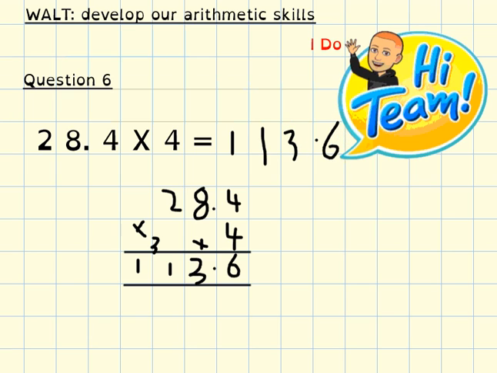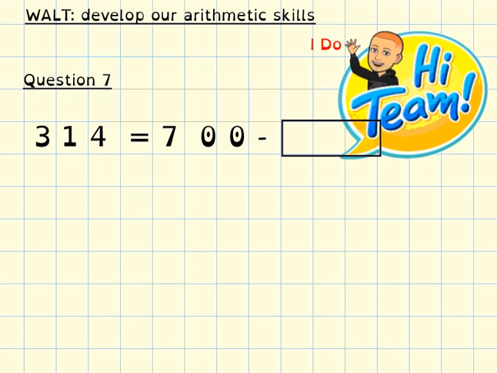Question number 7. 314 equals 700, subtract something. You put 314 at this side, 700 at this side, and you're going to try and find the difference between. So you could do a big jump of 86 to get to 400.